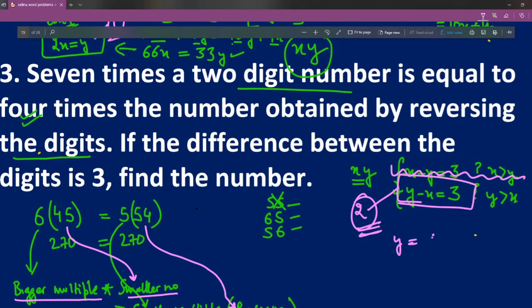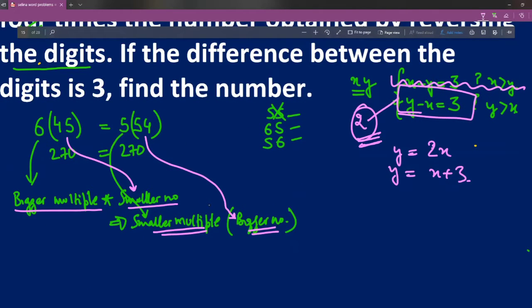So y is equal to 2x and y is equal to x plus 3. Just need to solve this. It is obvious that 2x is equal to x plus 3. x is equal to 3 and y is equal to 6.